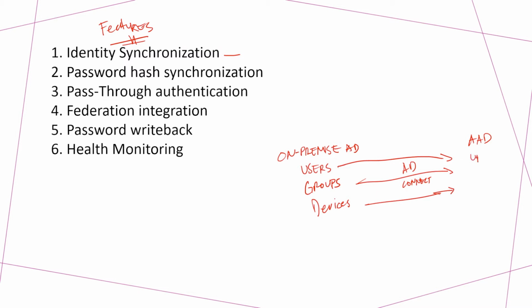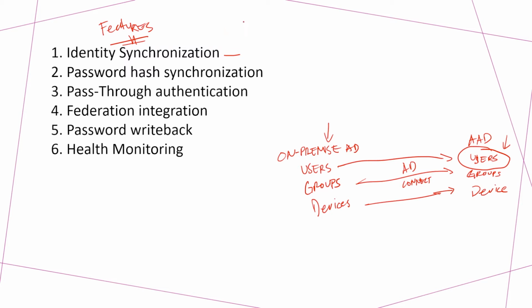Something you have to know here is, if a user identity or account is being synchronized from on-premise AD to Azure AD, you will not be able to make changes on the Azure AD side. So if you want to change, let's say, the display name or the username, you have to do it within the on-premise AD. That's something you need to remember when you are using this hybrid identity.